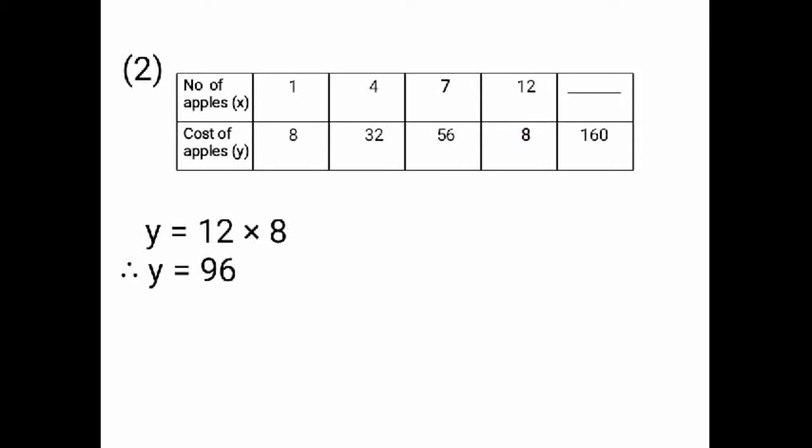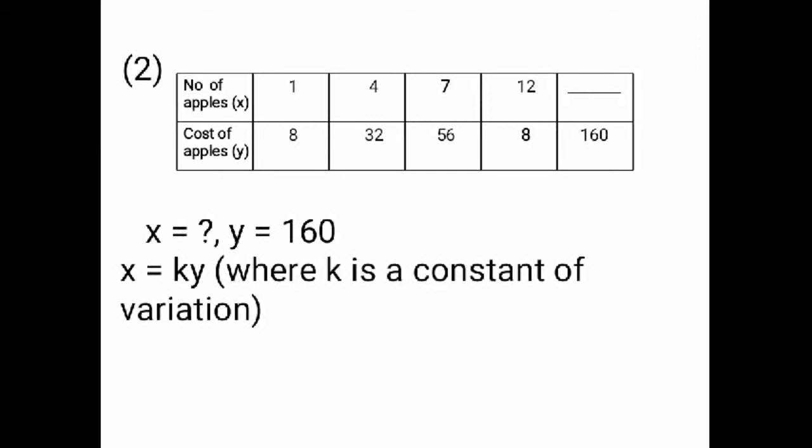Last column, x is not given, y is given 160. X is equal to question mark, y is equal to 160. X is equal to ky, where k is a constant of variation. Now substitute the value y, x you have to find. Substitute the value k, constant of variation, is equal to 1 upon 8.